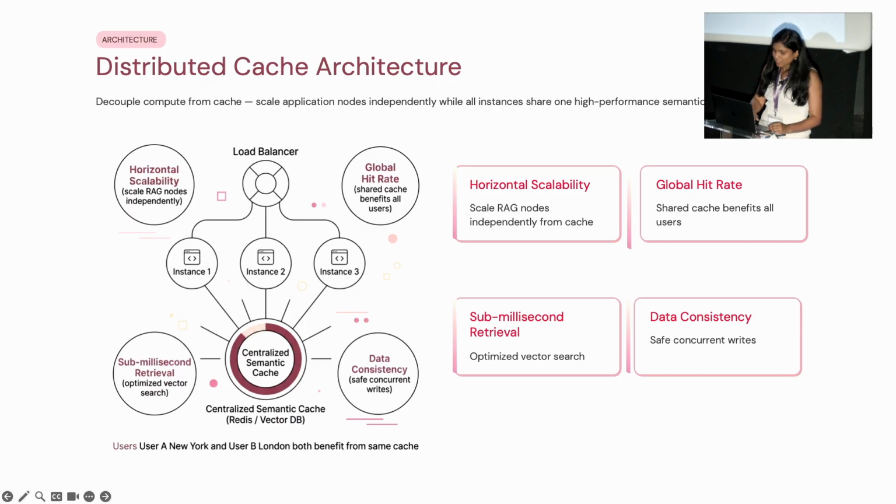The biggest benefit is that one user's solved query can help future users across the whole system, not just one instance. So if a user in New York asks the question first, a user in London can benefit from the cached result. This is what makes shared semantic caching more powerful in production.